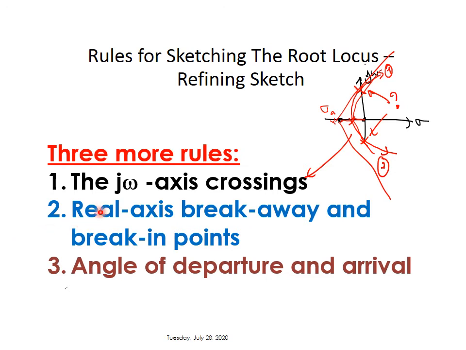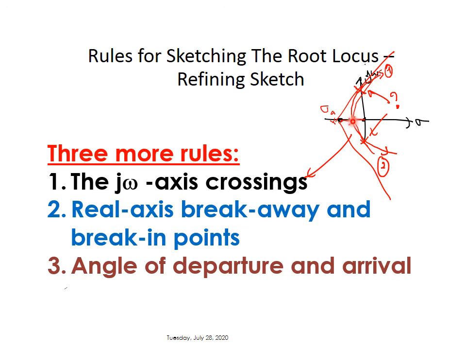The second one is basically to find the real axis breakaway and breaking points. So basically, what is a real axis breakaway and breaking points? Breakaway and breaking points are the points at which the branches split, or at which the branches come in. So this point is what we call the breaking point.